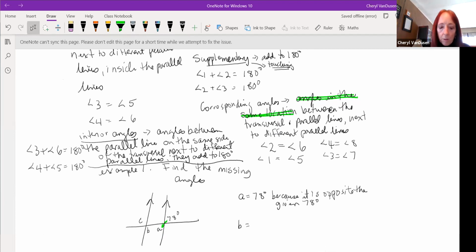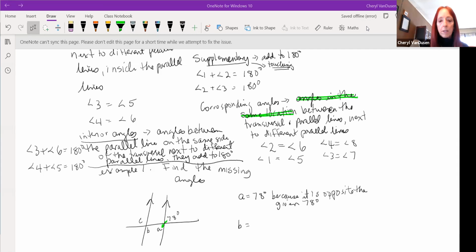And once you have that down, anyone want to give us a guess as to what the angle B is? Okay, excellent.